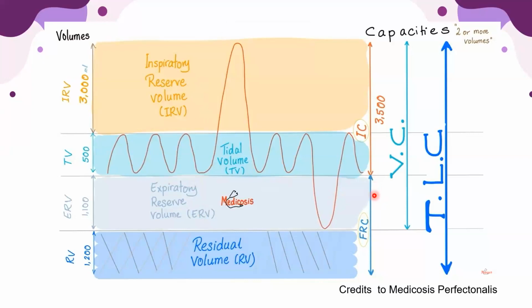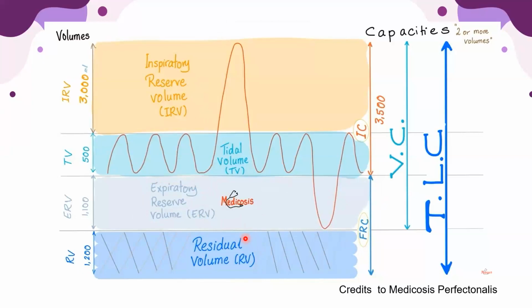Then we have functional residual capacity, which I believe you did yesterday in more detail, but just to do it one more time. It's the sum of expiratory reserve volume and residual volume. What does it mean? Functional residual capacity is the volume of air that stays inside the person's lungs when they are inhaling and exhaling normally.